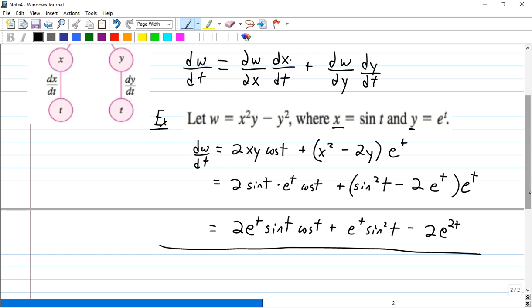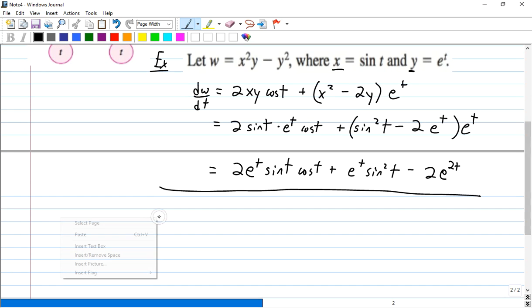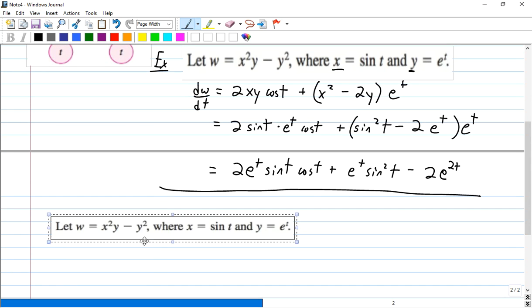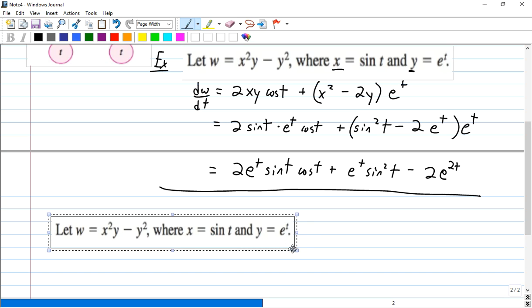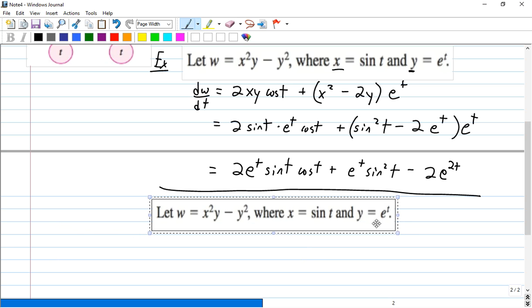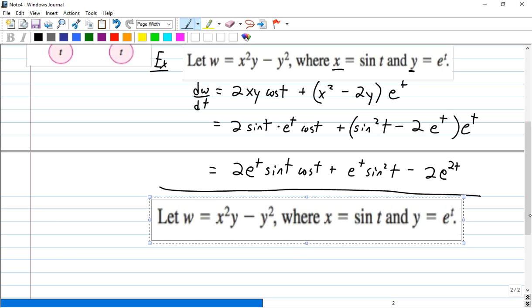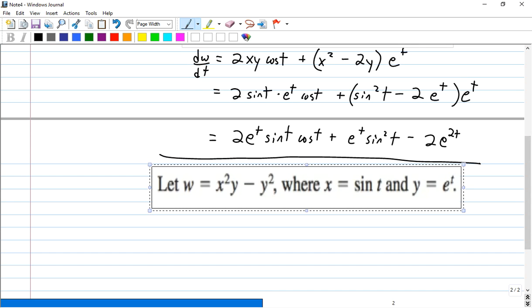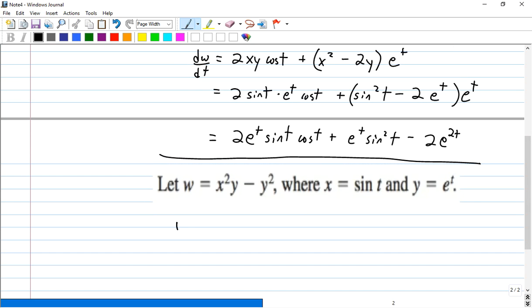So let's say that I started over, except I'm going to plug in the x and the y to start with. I'm not going to wait and do the derivative and then plug it in. So let's do that. Let's rewrite w. So if I plugged in x and y to begin with, I would have what? Sine squared t times what?